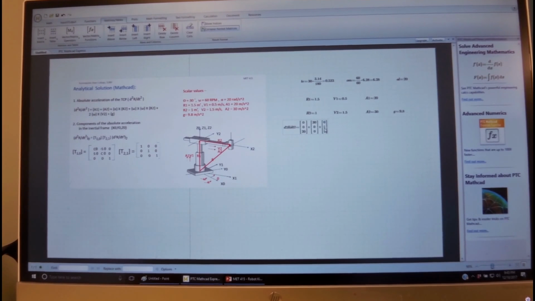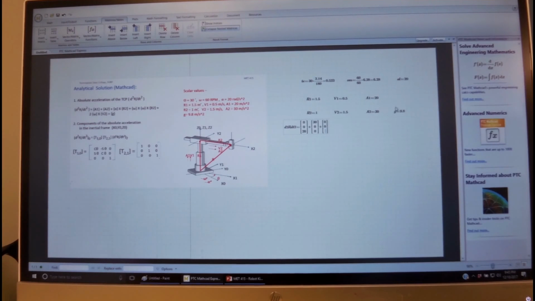0, 0. I can put here alpha, or I can just simply put the value. If I put the values, then I can work with the parameters. Since I start putting the values, not the expression, we have here 20 radians per second.